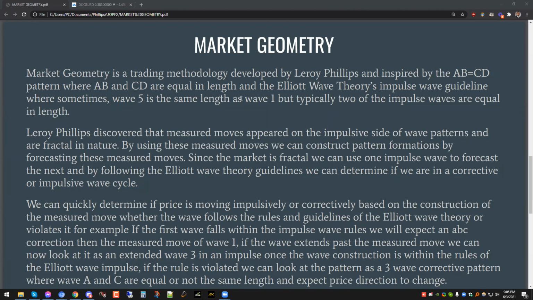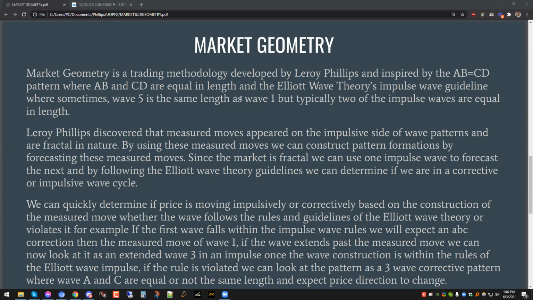It was inspired by the AB equals CD pattern. That's where the AB and CD legs of the pattern are equal in length. It was also inspired by the Elliott wave theories, impulse wave. That's where we have wave 5 typically being the same length as wave 1. So it basically helped me to create this methodology.